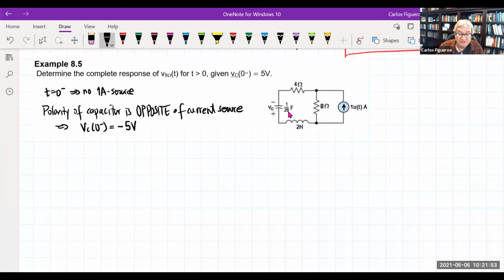So now the question is, what is easier for you to solve in this problem? Is it easier to solve for the voltage of the capacitor, or is it easier to solve for the current of the inductor? Do we solve for VC of t or IL of t?